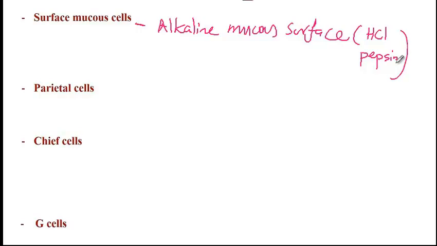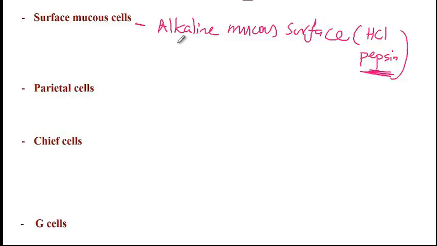Think of it, the stomach is basically a muscular structure. If we don't have a layer to protect it, the hydrochloric acid as well as the pepsin, which is the enzyme that breaks down proteins, will eat through the stomach. So we need a layer to protect the stomach from being digested, and that is done with the help of the surface mucous cells that produce the alkaline mucus layer.